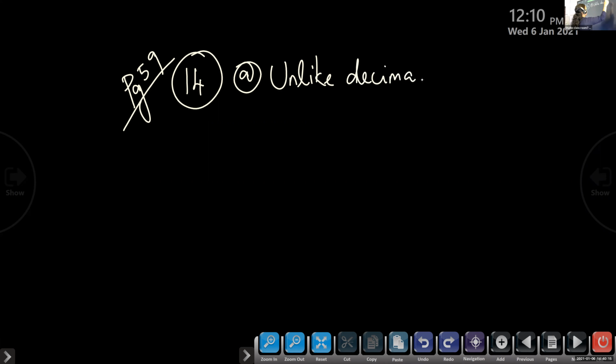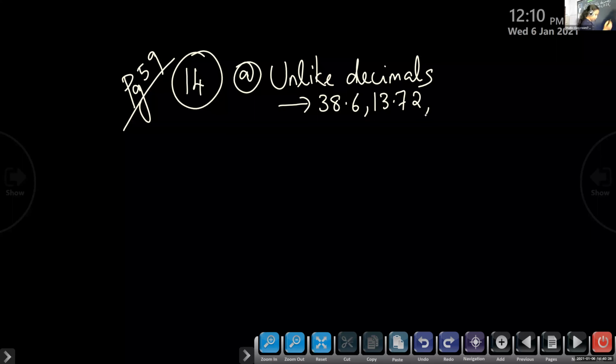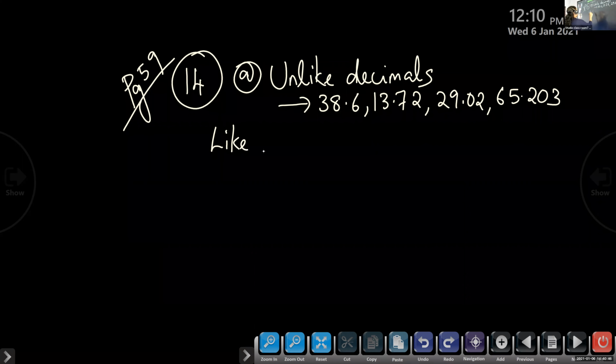What is the question? 38.6, 13.72, 29.02, and one more number is there, 65.203. We have to convert these unlike decimals to like decimals.